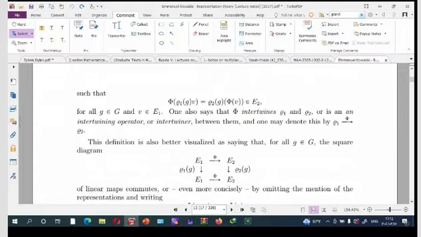Phi of rho 1 of g of v equal to rho 2 of g of phi of v.